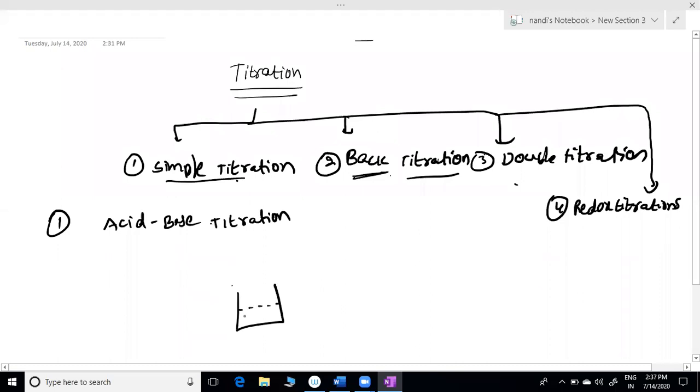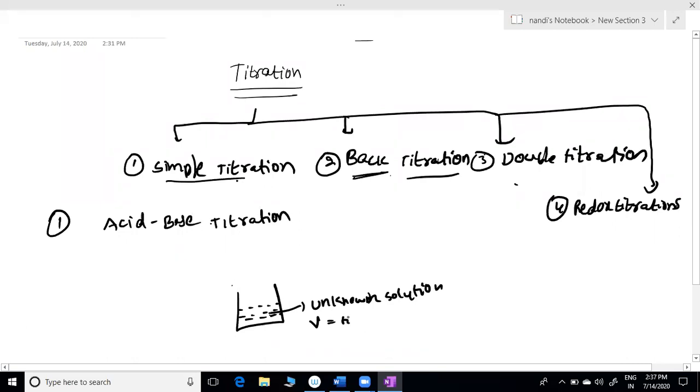This is one solution, unknown amount, that is the unknown solution. I know only the volume of the solution. Unknown solution, but how many ml you are taking, we know that. Volume is known.